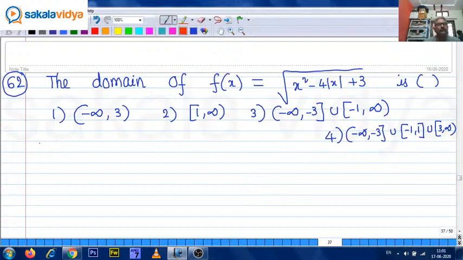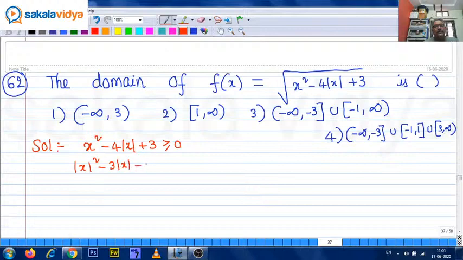So now, x square minus 4 mod x plus 3 greater than or equal to 0 to define the domain of f. This can be written as mod x whole square minus 4 mod x plus 3 greater than or equal to 0.